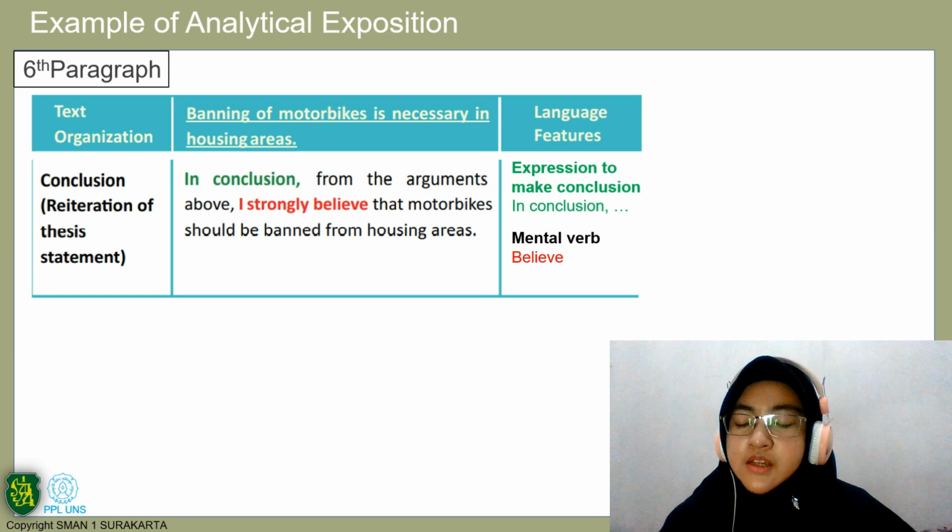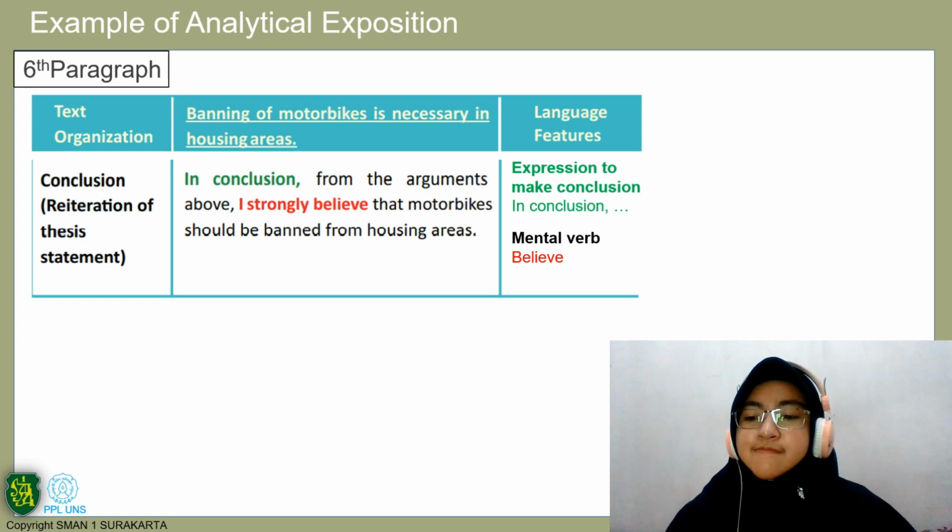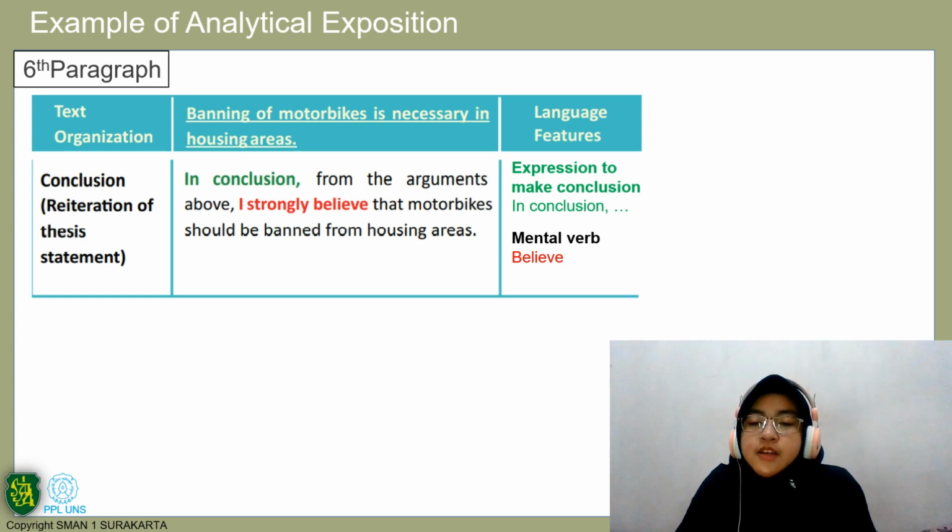And then in the last paragraph, he also states that he strongly believes that motorbikes should be banned from housing areas. Then if you look at the language feature we have in conclusion, this is one of the expressions to make a conclusion. And then there is a mental verb here, believe. Okay.